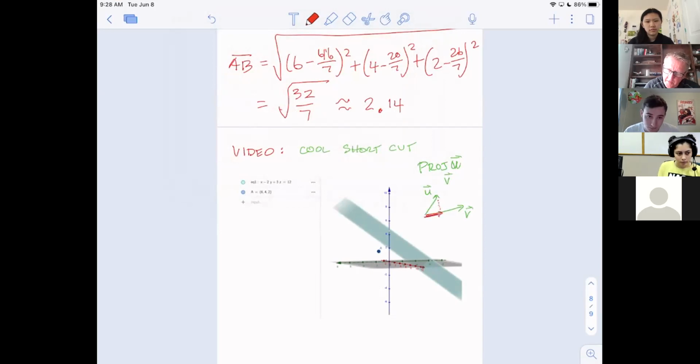That's the projection of U onto V right there. And in a sense, what that produces is this distance right here.